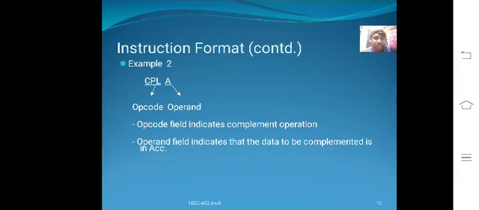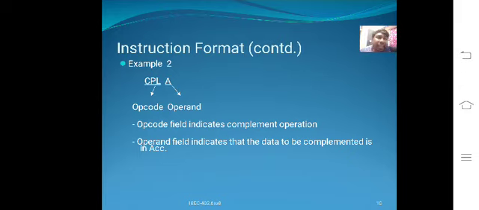Example 2, CPL A, complement A. Here CPL is the opcode, A is the operand. The opcode field indicates the complement operation, what type of operation has to be performed.